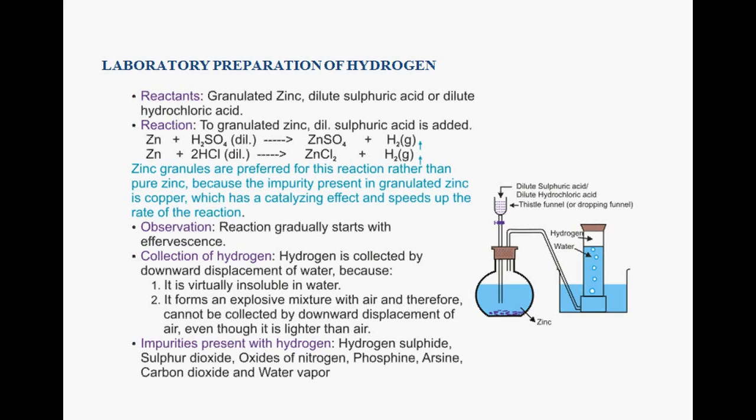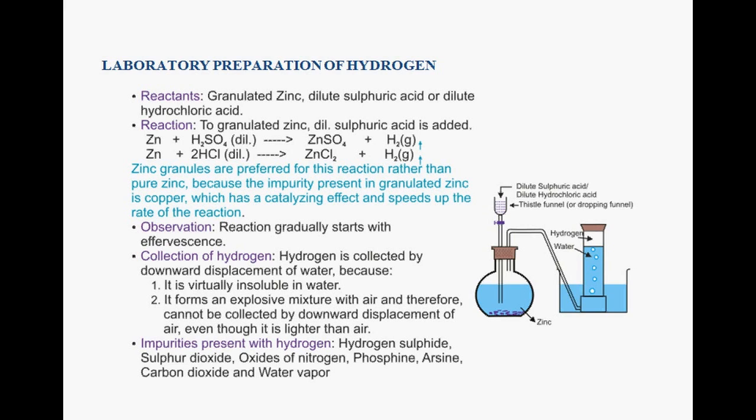So when the acid is being added to the zinc granules, the reaction starts with effervescence and the hydrogen which is produced is collected by downward displacement of water since it is insoluble in water, and we can see those bubbles of hydrogen rising up. Hydrogen is not collected by downward displacement of air since it forms explosive mixture with air.